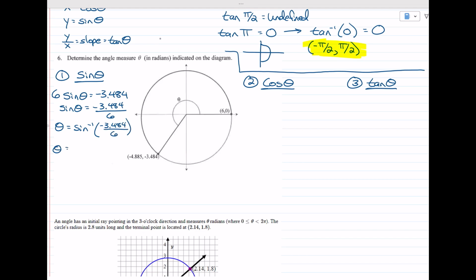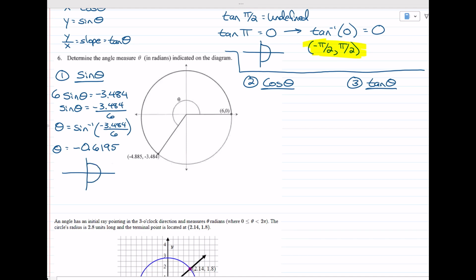So the inverse sine, in radian mode, of negative 3.484 divided by 6 comes out to negative 0.6195.